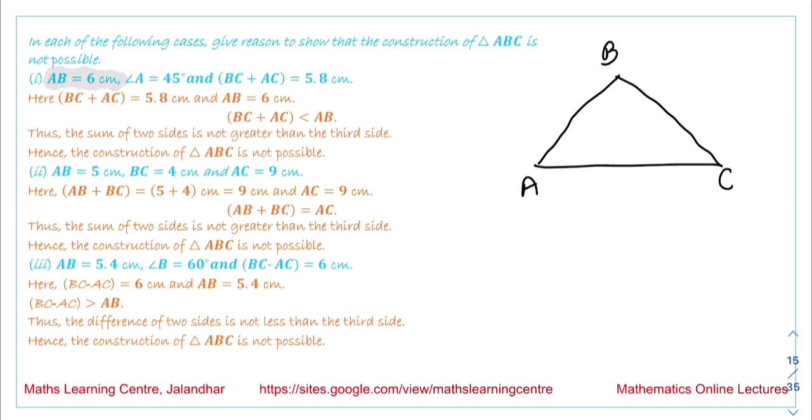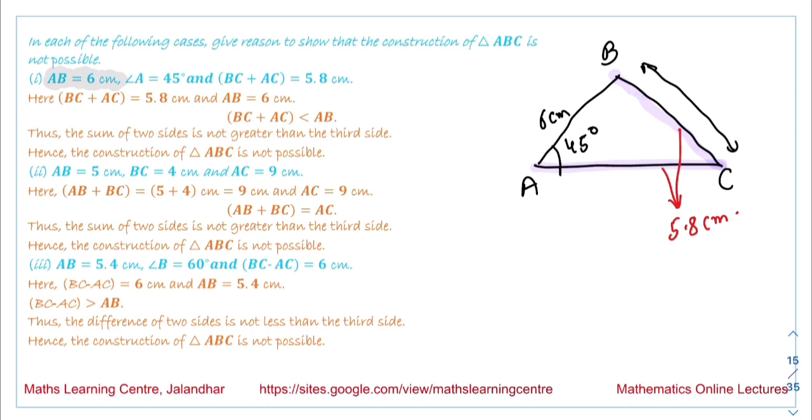It is given that the length of this AB is 6 centimeters, the angle is 45 degrees, and this total length over here, BC plus AC, is 5.8 centimeters. Then we have to prove that we cannot construct such a triangle.